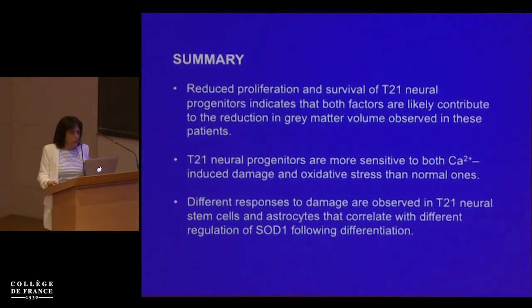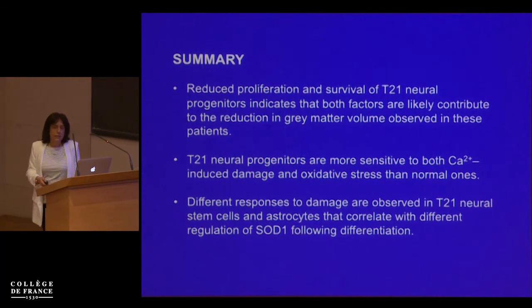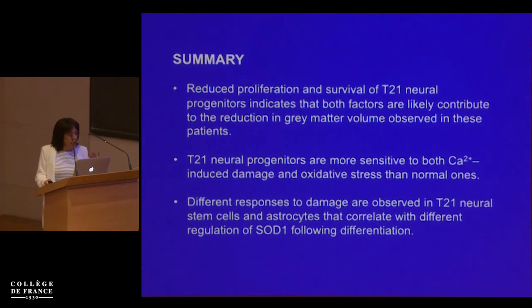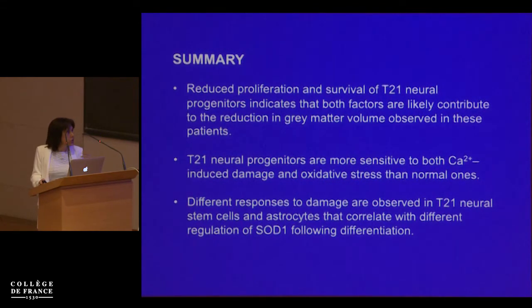And so what we are proposing at the moment is that SOD1 might be an important player, and its expression, increase in astrocyte, might provide some of the protection that we see in the system.